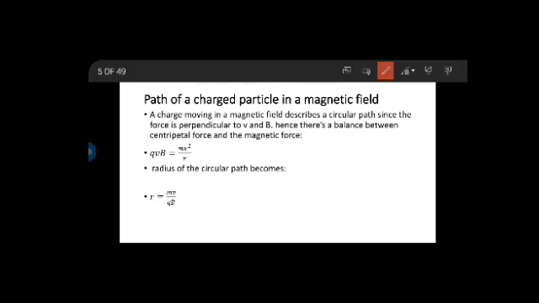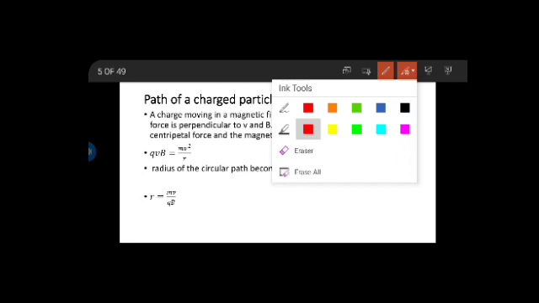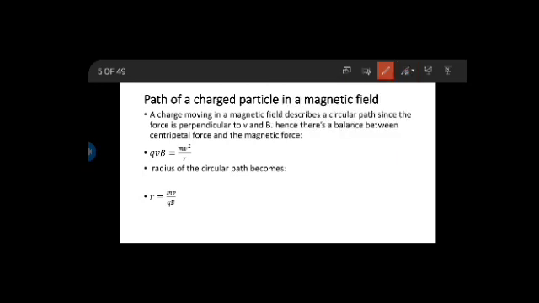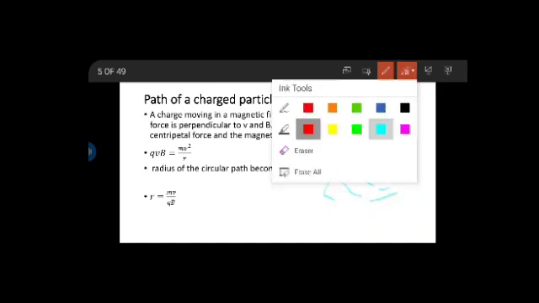Okay, so a charge moving in a magnetic field describes a circular path. That's important for you to know. Whenever there is a charge moving in a magnetic field, let's assume that we have a magnetic field around this way, and you pick a charge.